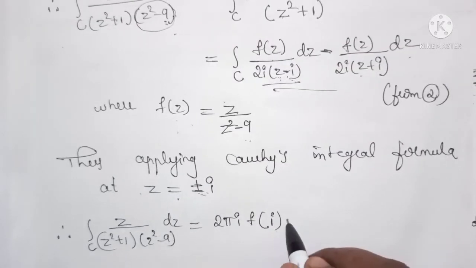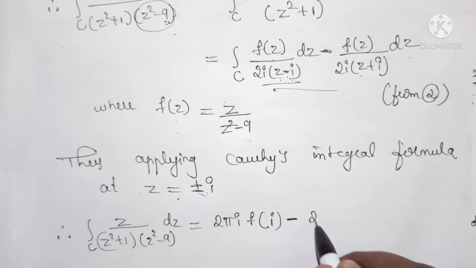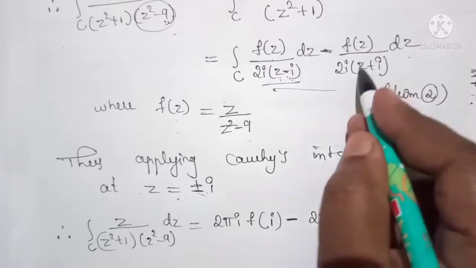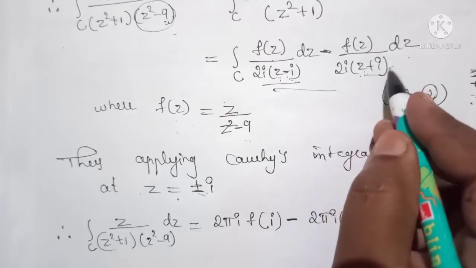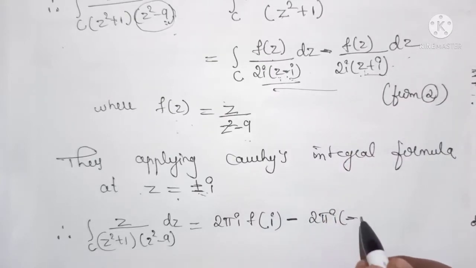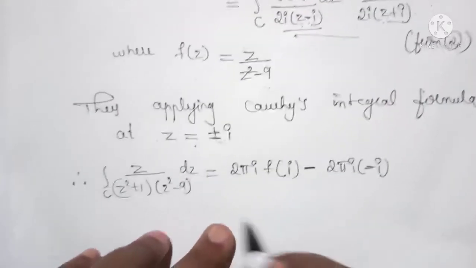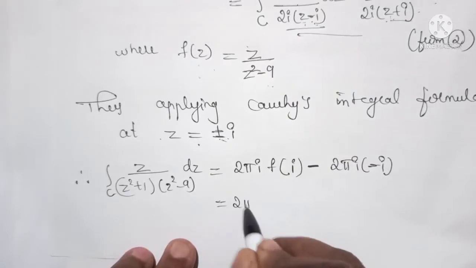Minus 2 pi i, you can observe this denominator: on equating 0 we will get z equals minus i. So minus i. Okay. So 2 pi i.